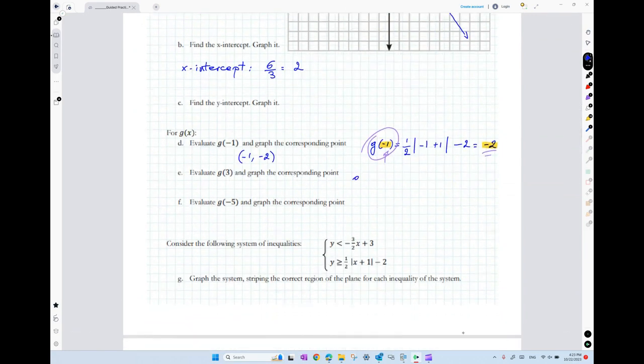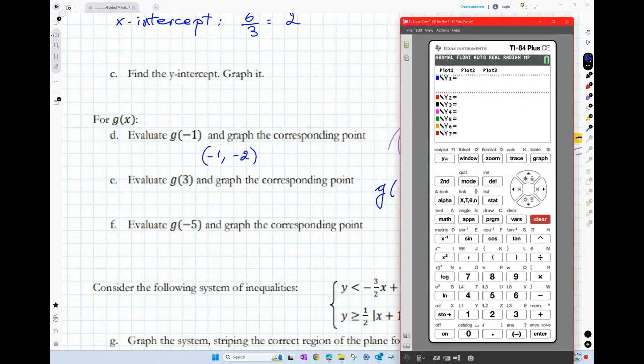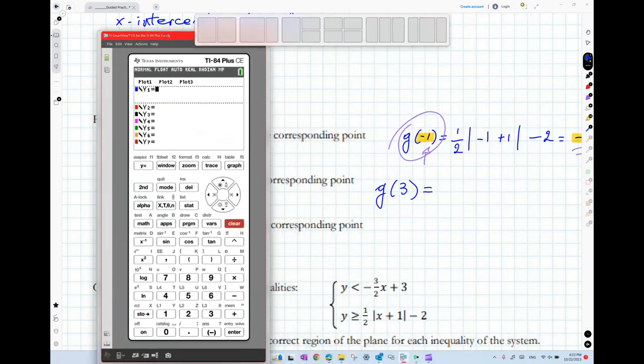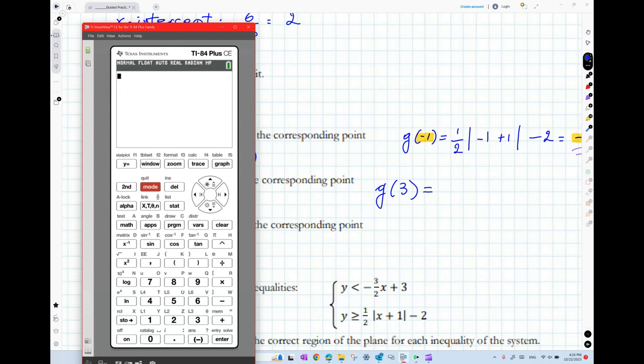Now, I could do the same thing, g of 3 equals, and let me remind you of the trick when you are just asked to evaluate. You do not need to go through all of that. You can just type 1 over 2 times the absolute value, which you find at math, go to the number tab, and then 1. And I've got x plus 1, and outside I've got minus 2.